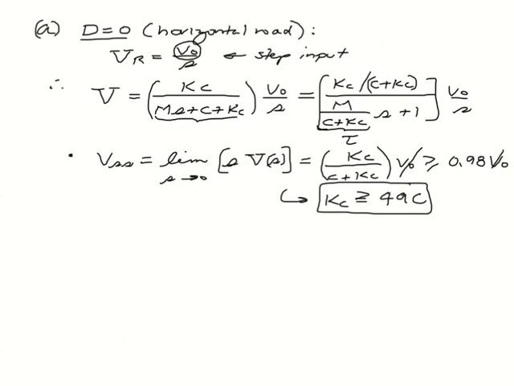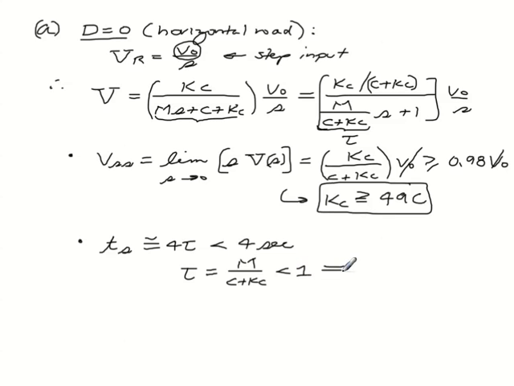The other issue here has to do with the settling time Ts. We know that Ts is roughly equal to 4 tau. So in this case, what we're looking for is that 4 tau is no greater than 4 seconds in time. So this says here that tau, which is equal to M divided by C plus Kc, must be less than 1.